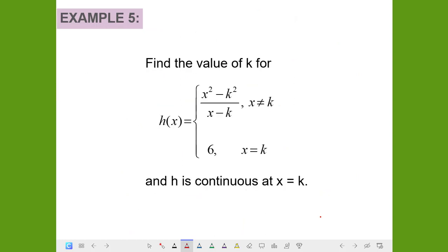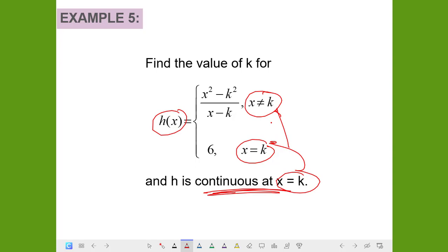For this example, find the value of k. This is similar to the previous example, more or less. Here, equal or not equal. Given that this function is also continuous at x is equal to k, we're going to find k.